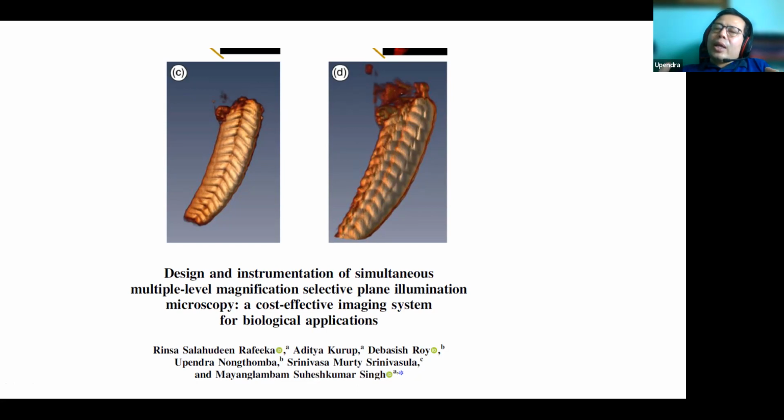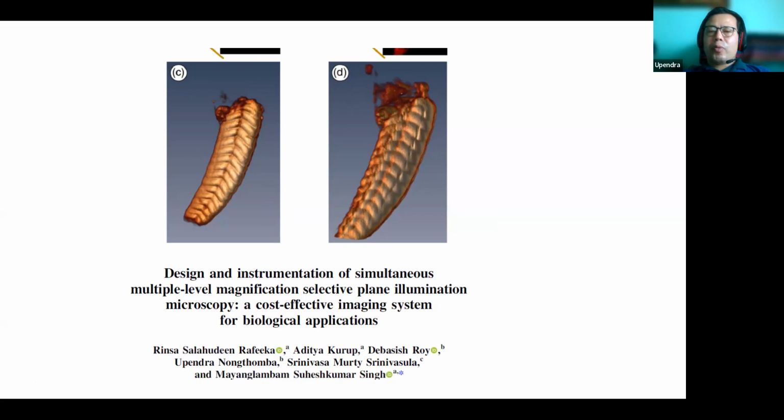So the question is, what are the things involved in making these symmetrical things, right? And they have shown that it is because of the mechanical property rather than the genetic property, right? Okay, beautiful, right?